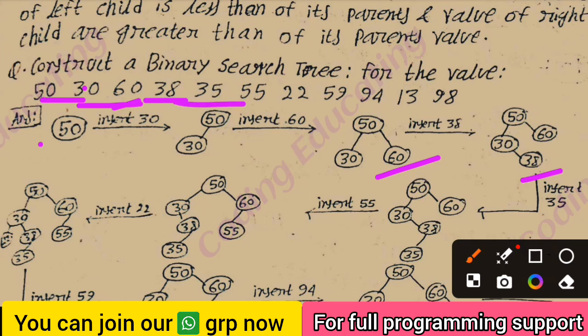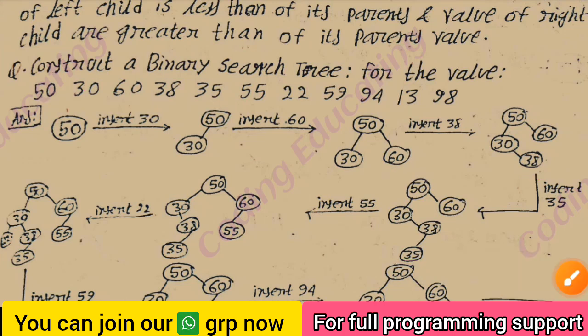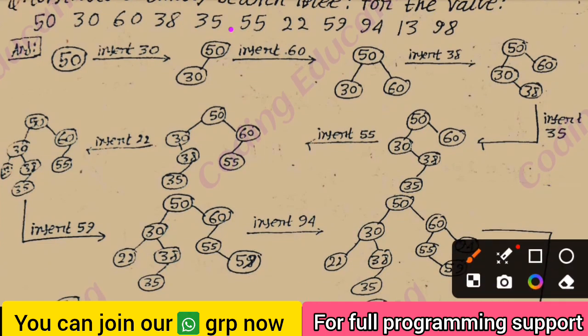After that 35 is inserted. 35 is in the left subtree of 38. Okay. After that 55 is inserted. When 55 is inserted, then 55 is in the left subtree of 60. After that 22 is inserted. 22 is in the left subtree of 30. Okay.